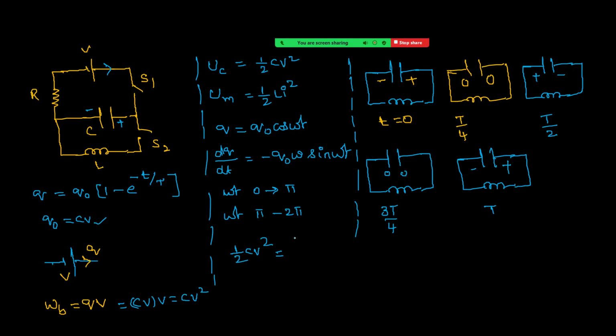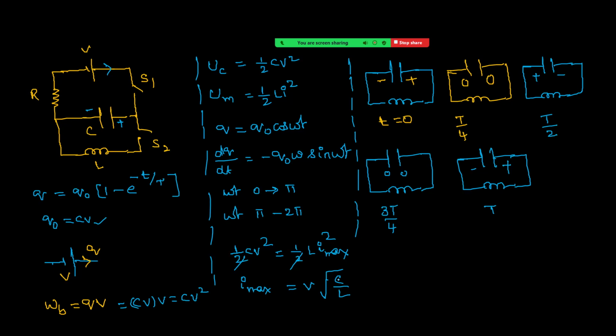When this is completely given to the inductor, that is half L I square, the maximum. Half cancelled, so I maximum is equal to V into root C by L. That is the maximum current. So option D matches. Okay, right.